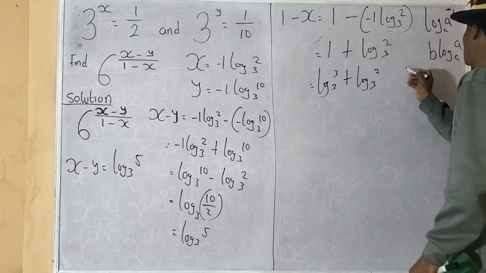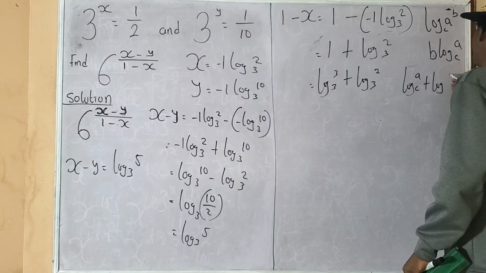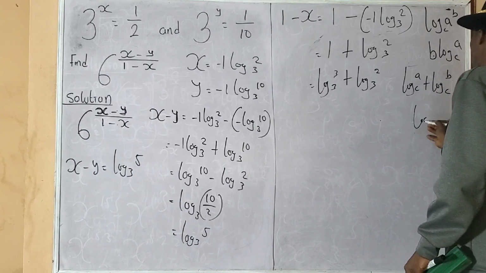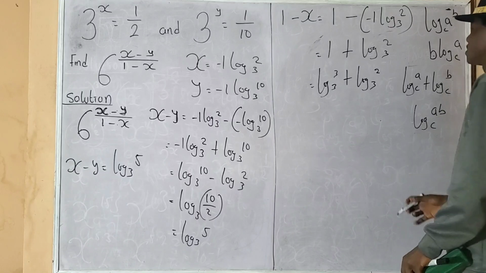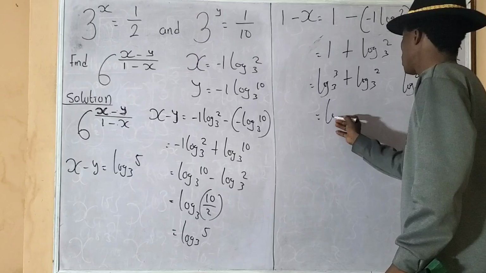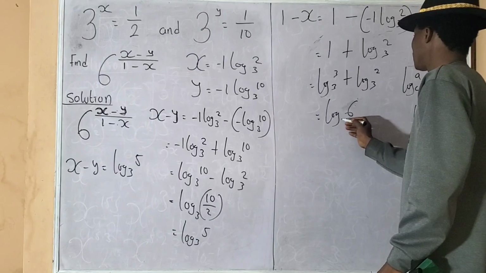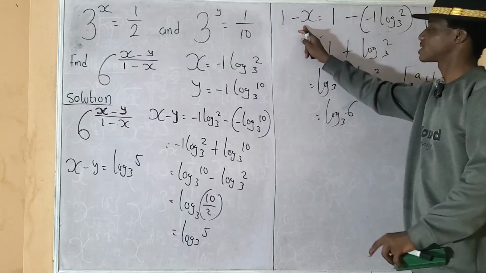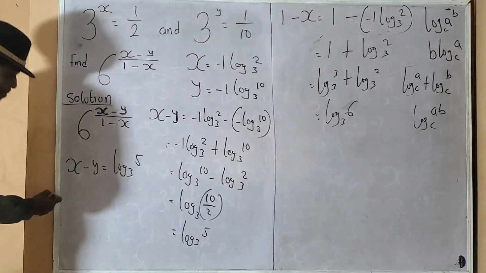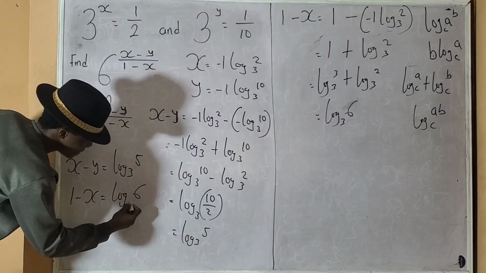If you have log A base C plus log B base C, this will give you log A times B base C. So I'm going to reverse the case. Here, I'm going to have log 3 times 2. 3 times 2 is 6. So I'm going to have log 6 base 3. So 1 minus x is what? Log 6 base 3. So let me put it here: 1 minus x equals log 6 base 3.